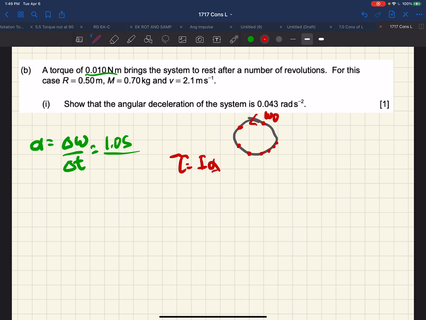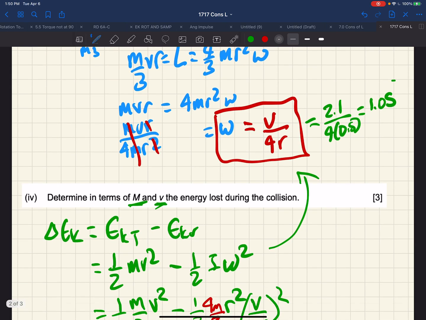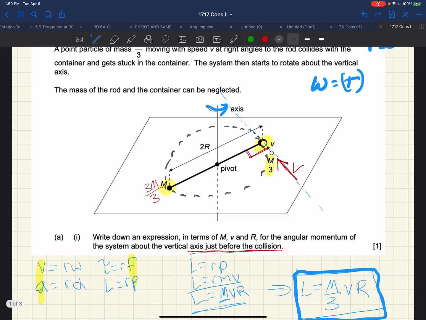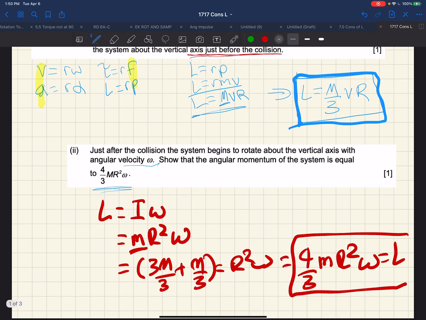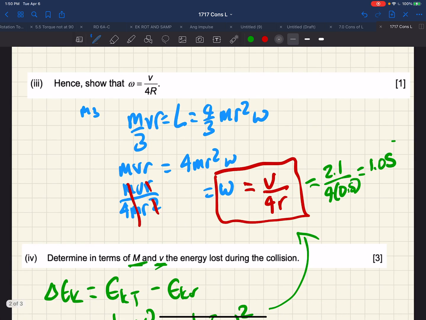Well, we may remember that in the linear world, the net force is the rate of change of momentum. And therefore, the net torque is the rate of change of angular momentum, delta L over delta T. Now, in our previous example we showed that L is mvr, the angular momentum is equal to the linear momentum multiplied by the r.